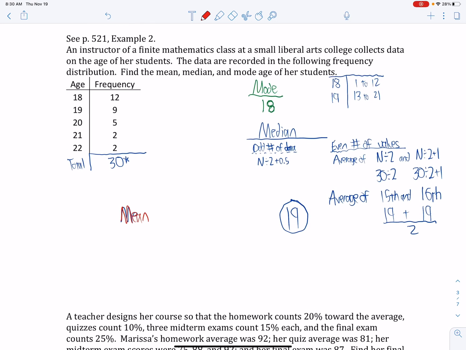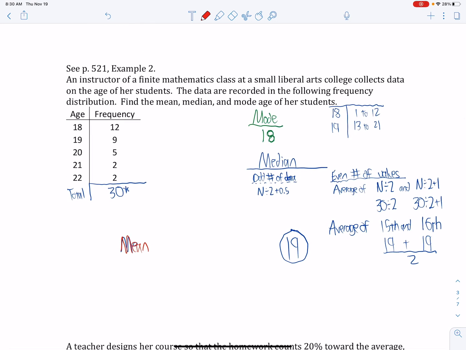And when you're given a frequency distribution like this, the easiest way to find the mean is to add a third column where you take each value and you multiply by its frequency.